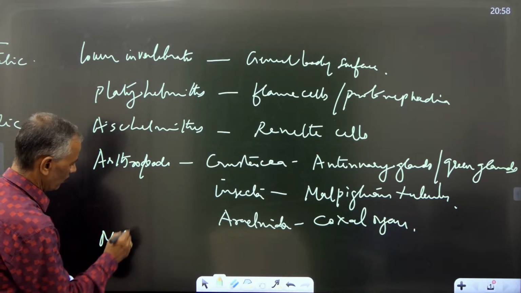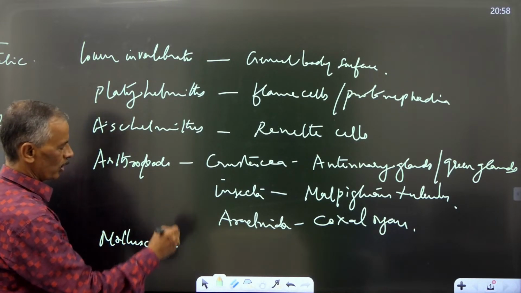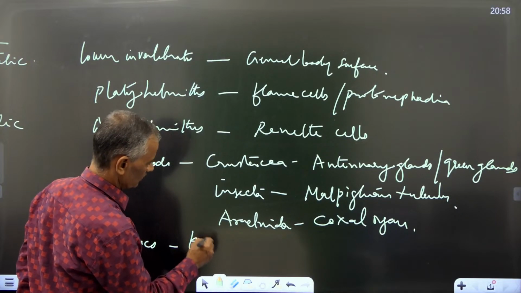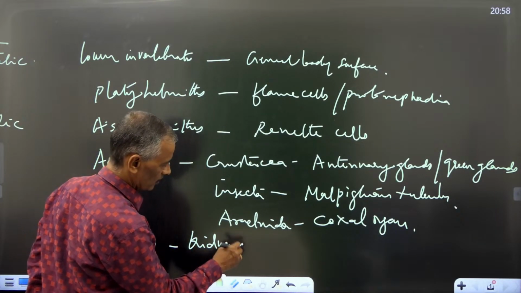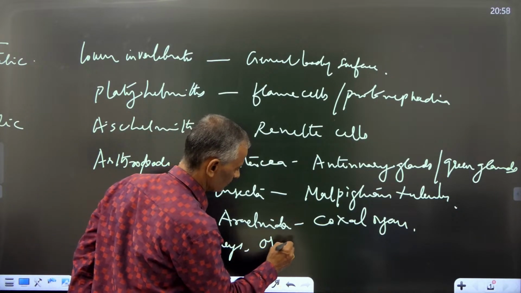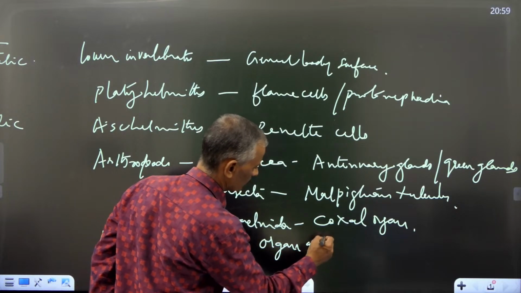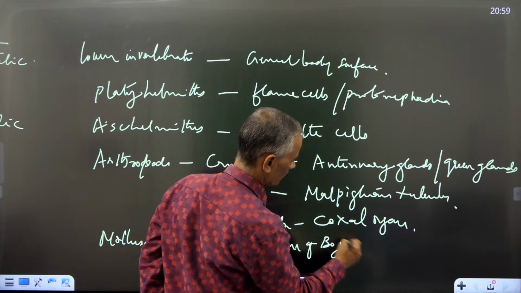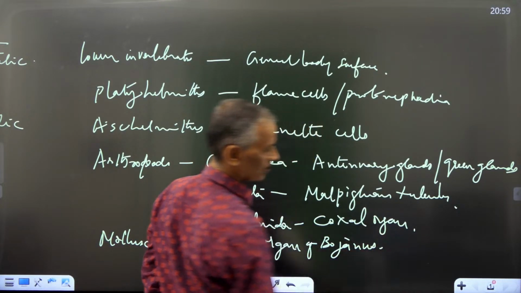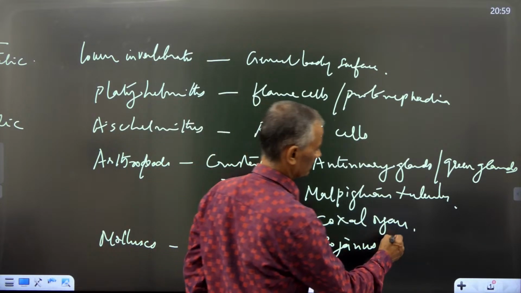Then among mollusks, you have kidneys or organ of Bojanus, and Keber's organ.